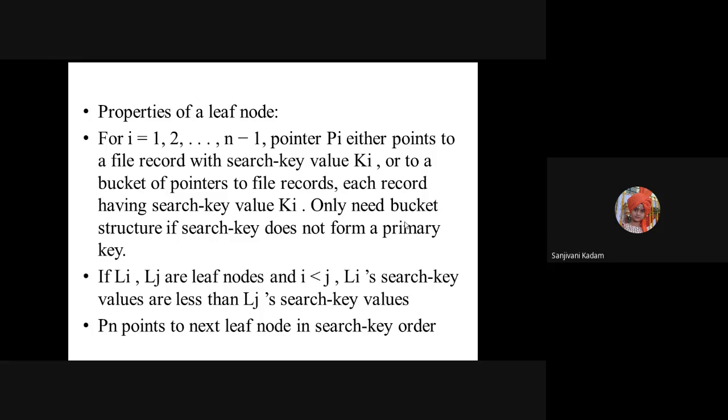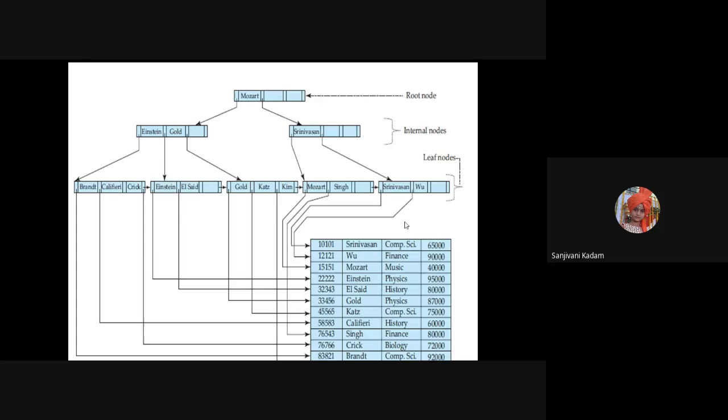Pn points to the next leaf node in the search key order. In the book itself there is a mistake: this pointer should not be at this position, it should be at this position, in between Crick and Califieri. Here this is my P1, this is P2, and this is P3, with order n equal to 4.